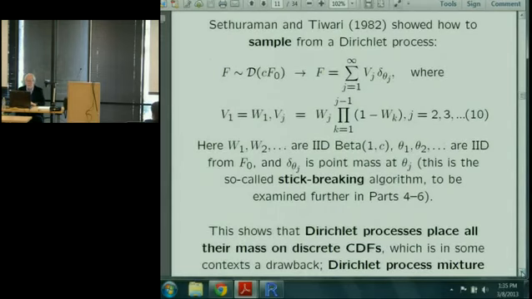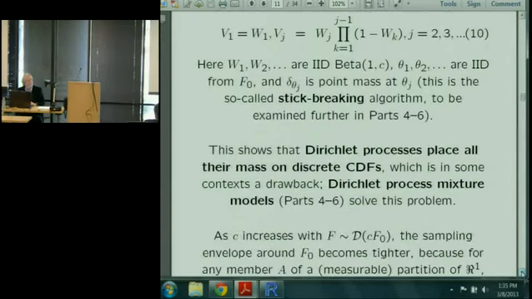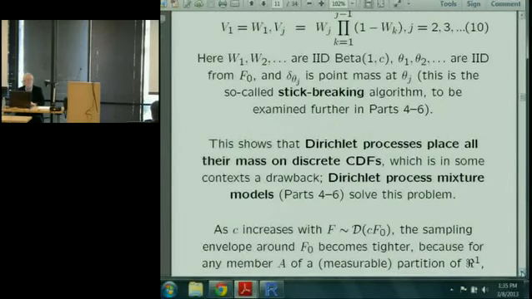And we already saw that from before also, because the CDFs you're going to get from that picture I drew before have to be discrete as well, corresponding to every time you cross over a point in the partition set. And this is often a drawback because you're trying to model continuous data, and here you are using a distribution on the set of all CDFs that puts all its weight on discrete distributions.